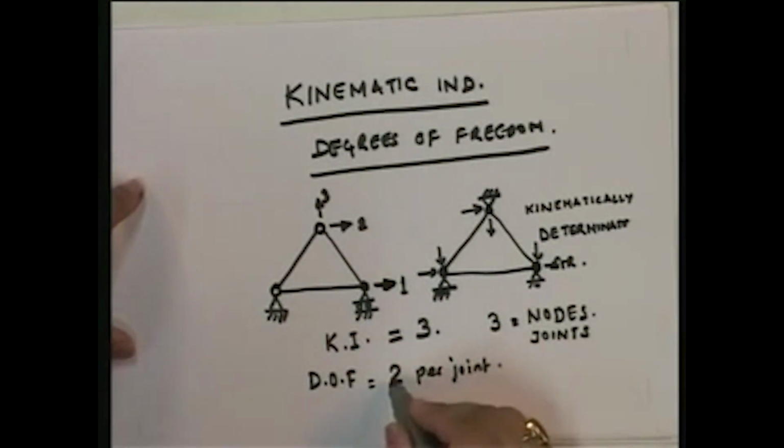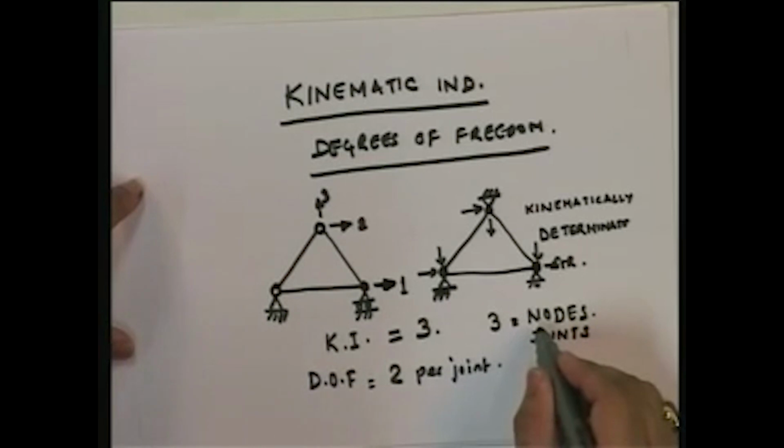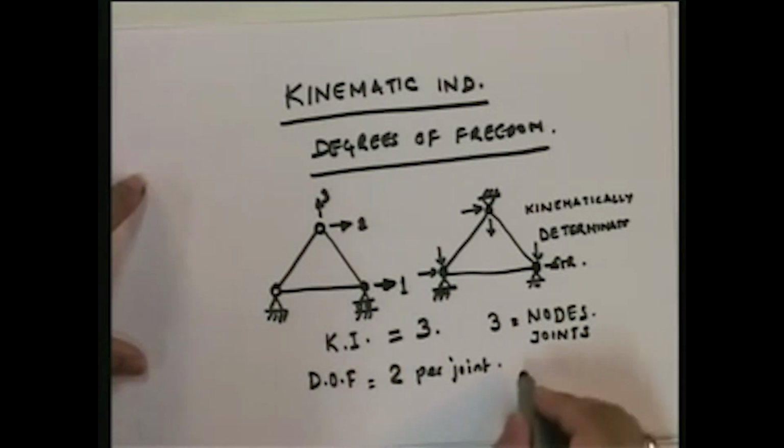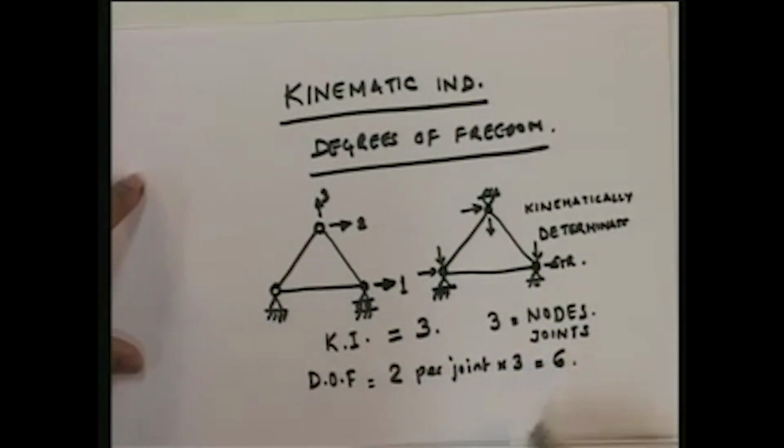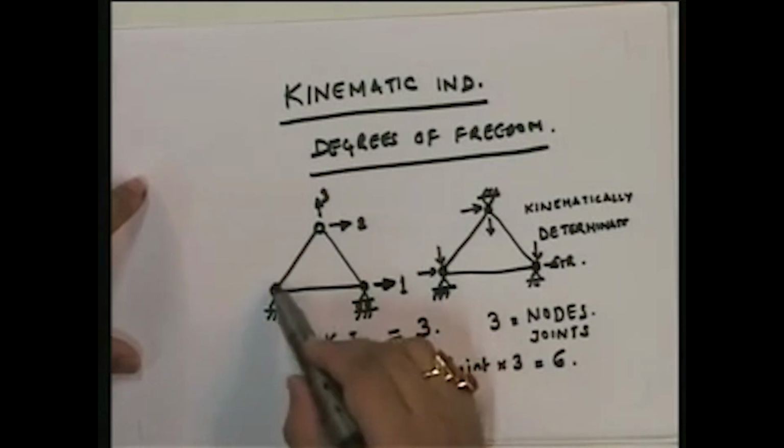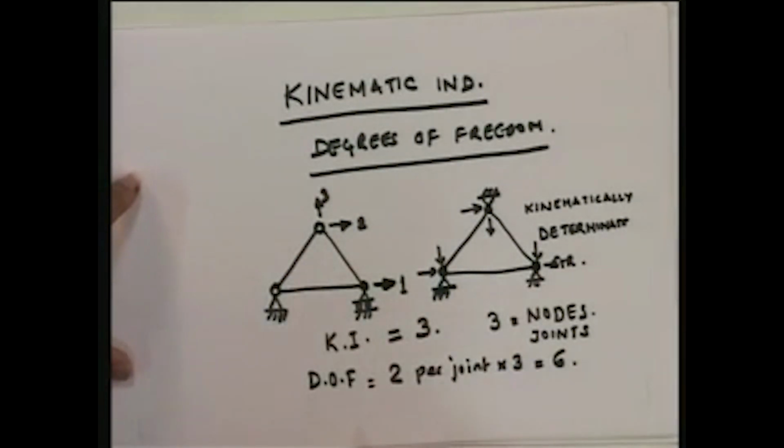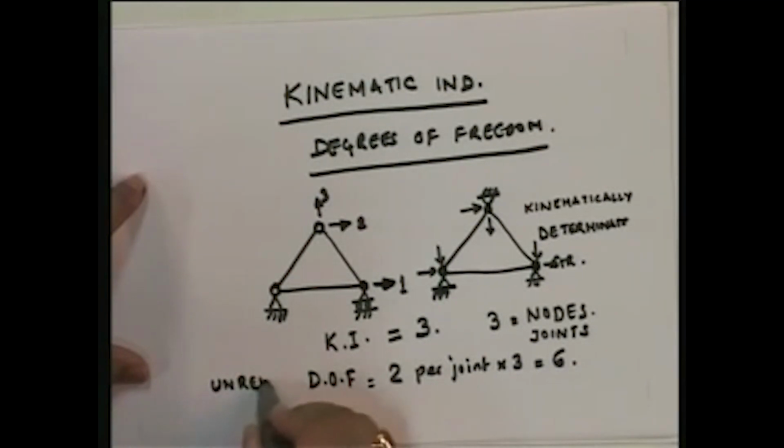It would be 2 into the number of joints, so it would be 6. So the degrees of freedom, 2 per joint multiplied by 3, is equal to 6. 6 degrees of freedom, since this truss has 3 joints. Now this is the unrestrained degrees of freedom.